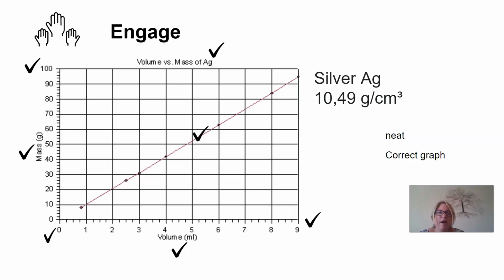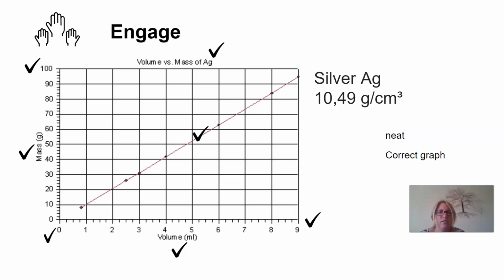Then you're going to have to plot some points. Just remember that those are small, but they're clearly and neatly done. In this scenario, they're little diamond shapes, but in science, we generally like you to mark it with a very small, neat X. I know this differs from teacher to teacher and subject to subject. If you don't do a nice small X, some teachers like a small little dot and a circle around it.